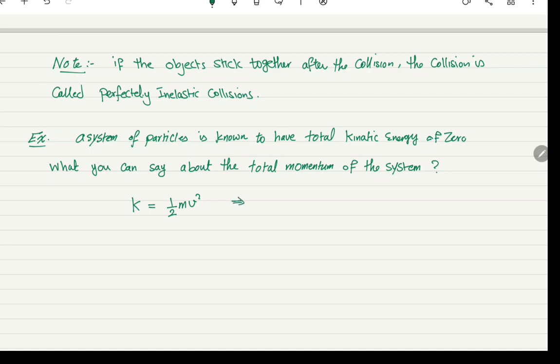Since the kinetic energy is equal to 0, this means v equals 0, or in other words, all particles are at rest. Now momentum equals m v, and v in this case is 0, so the total momentum of the whole system is 0 as well. So p equals 0.